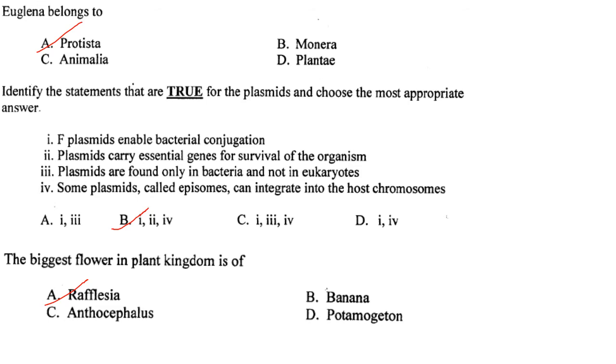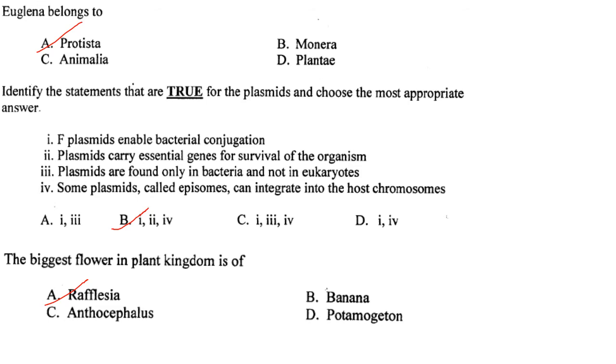Yes, you can find antibiotic resistance genes in plasmids, so they carry essential genes for the survival of the organism. That is also correct. Plasmids are found only in bacteria and not in eukaryotes. You can see plasmids present in yeast, which is a eukaryote, so that is a wrong statement. Then some plasmids called episomes can integrate into the host chromosome. That is also correct. So answer is B, 1, 2 and 4.